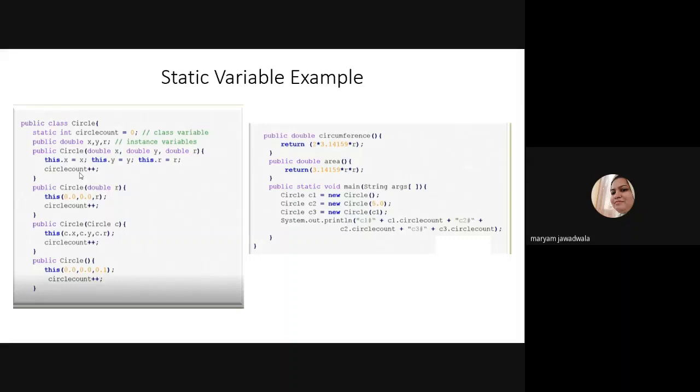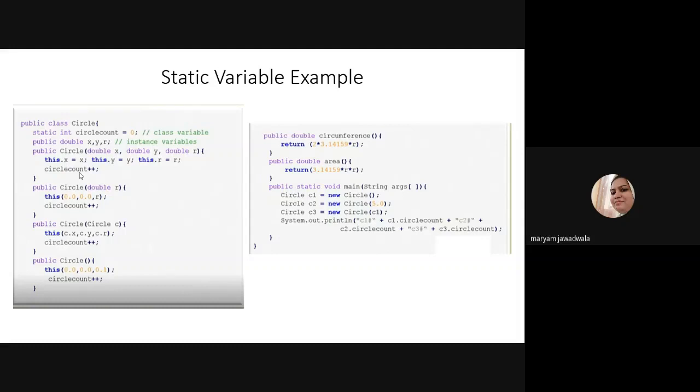This is the default constructor, and again I'm initializing the values x, y, and r as 0, 0, and 0.1, with circleCount++. Bracket close, and one more bracket to end your Circle class. So this is nothing but the definition of the Circle class.